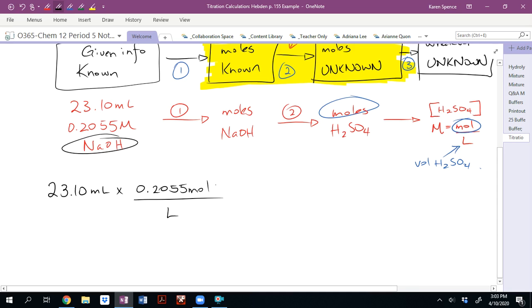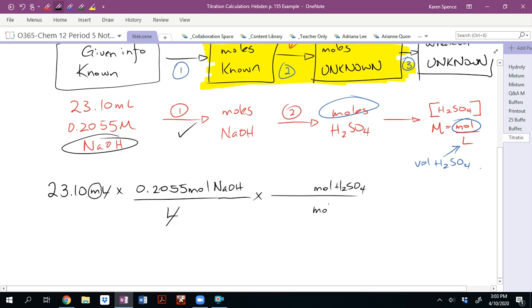That is moles of NaOH. Step number 1 is now done. Liters cancel, and remember we still have that little milli right there that will carry on with us through the whole question. Step number 2, let's convert this into moles of H2SO4.